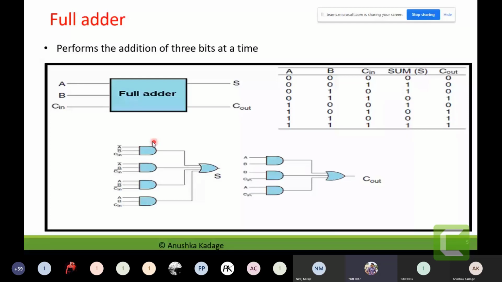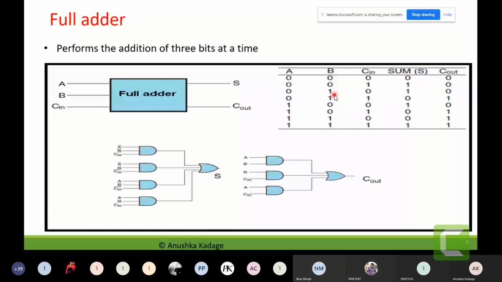This one output is present for the combination of A dash, B dash and C. So we are writing this first AND gate as the input combinations of A dash, B dash, C. Now the next one output for sum occurs for A dash, B and C in dash.